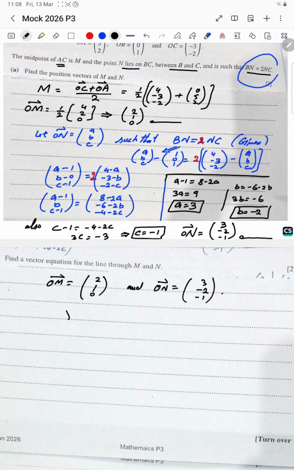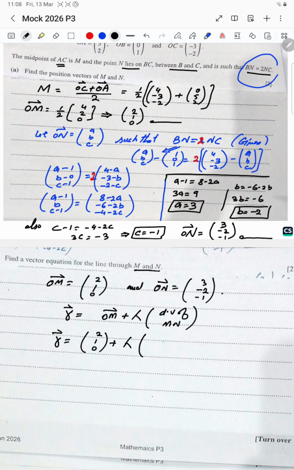The equation is vector r equal to OM plus lambda times the direction vector of MN, because we have to calculate the line through M and N. So here this will be OM, which we calculated, (2, 1, 0), plus lambda, and the direction of MN is ON minus OM. This is the direction vector of MN.